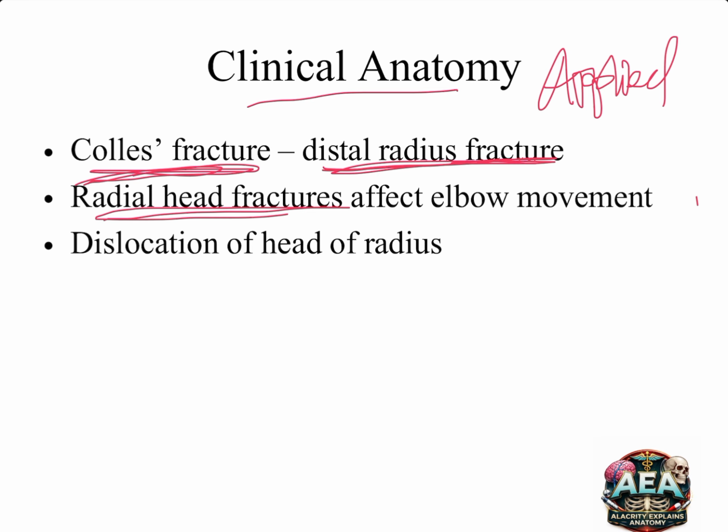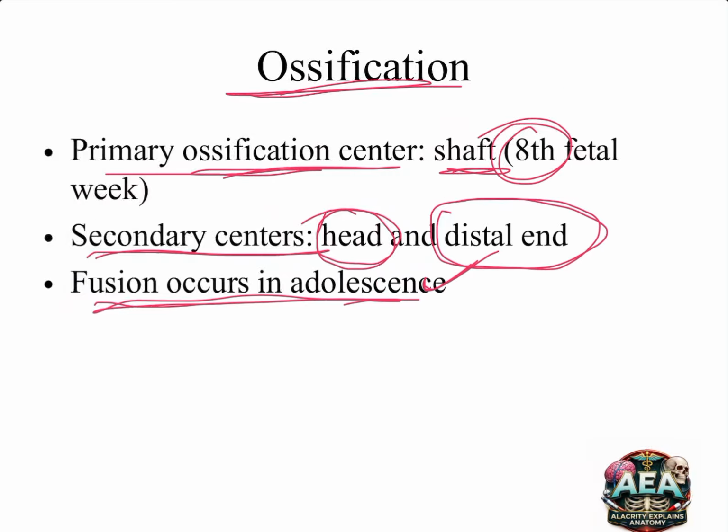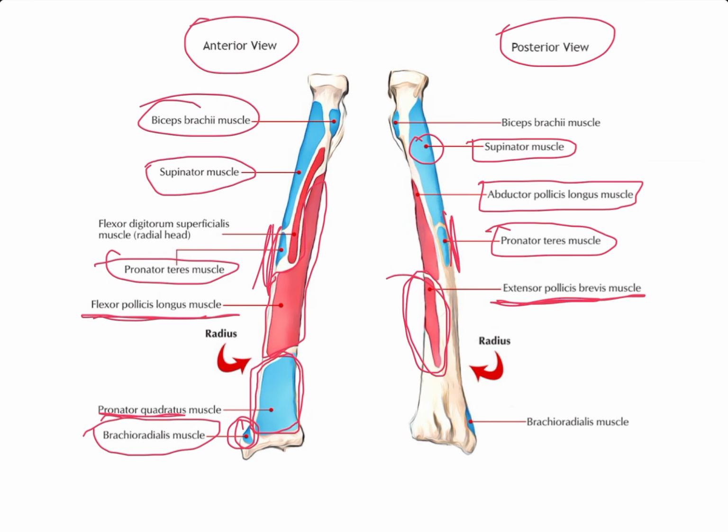We also have radial head fractures, which affect the movement of the elbow, as well as dislocation of the head of the radius. Now, if you look at this structure here, around the neck of the radius is a structure that attaches there, and this is called the annular ligament.